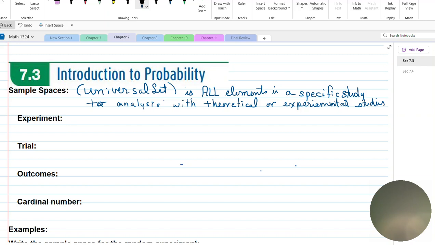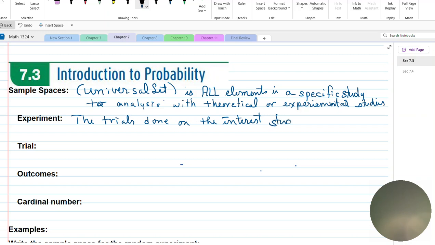And we're going to get probability out of this whole thing. Experiment, the trials done on the study of interest.